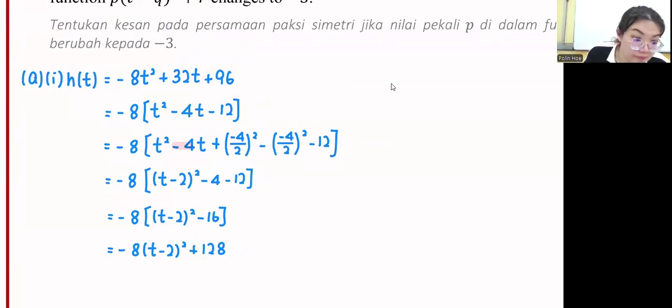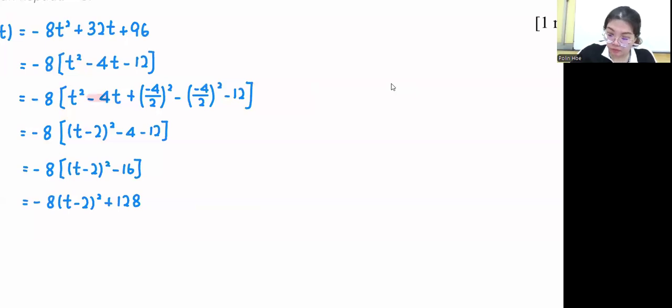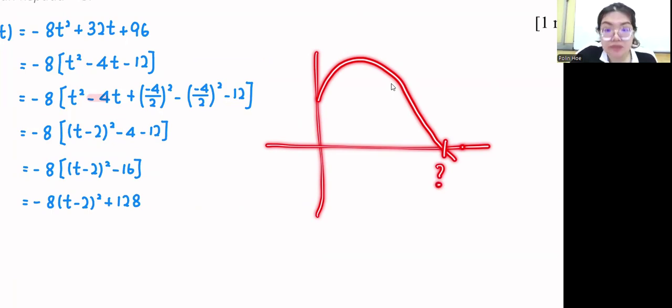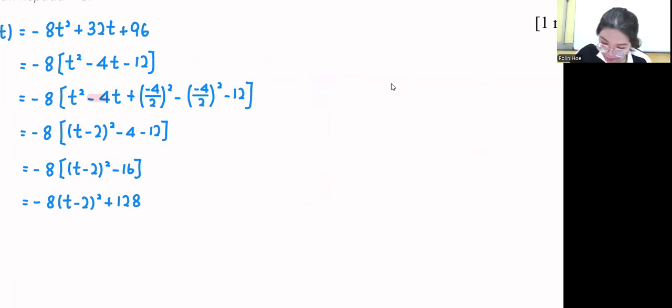So the second thing you have to know is that we are drawing the river, right? Starting from 96, you jump, you go down. What is this value? Which means we have to find out when h(t) equals 0, what is the value of t? Can you please help me?